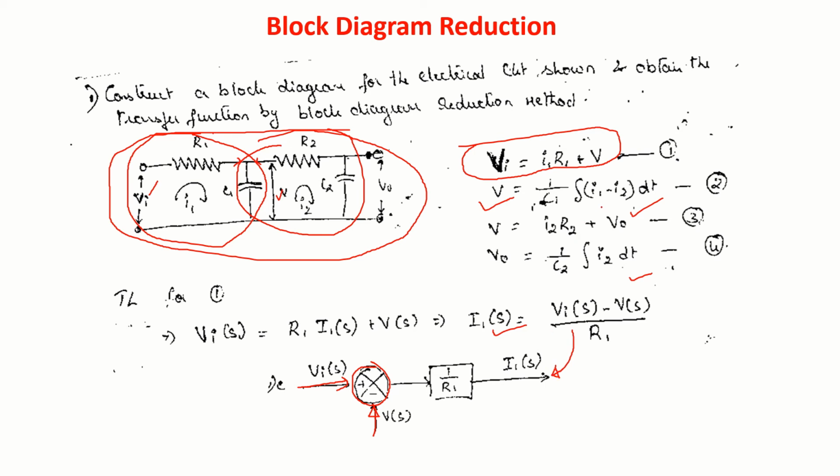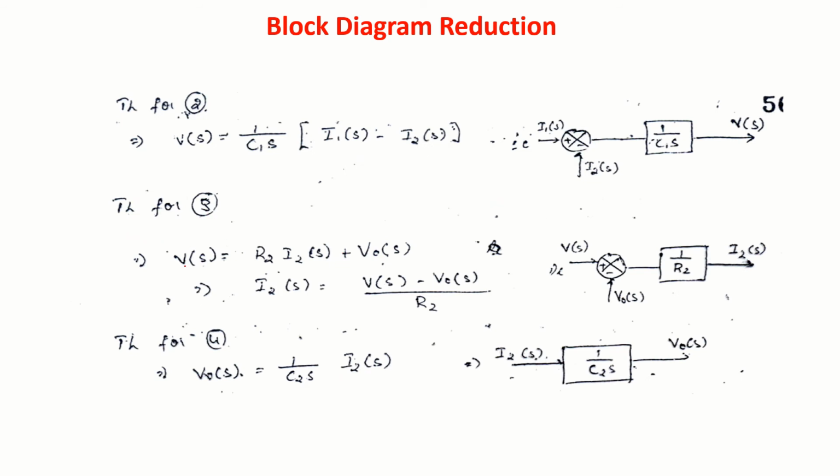Same way, take this equation now. So you will get this after taking Laplace. Now there are two inputs, I1 minus I2. Again take a summing point, I1 minus I2, then divide by 1 by Vs we get. Consider equation number 3 and form the block diagram. So in the fourth equation we'll get this.